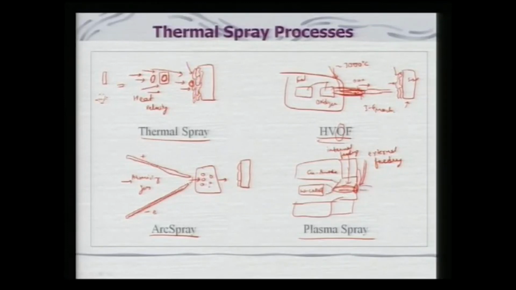Still, they have enough temperature available to get melted, accelerated by the carrier gas, and deposited on the substrate. We require a certain standoff between the gun and the substrate, so that the particles acquire certain velocity and heat, and then get deposited onto the substrate.